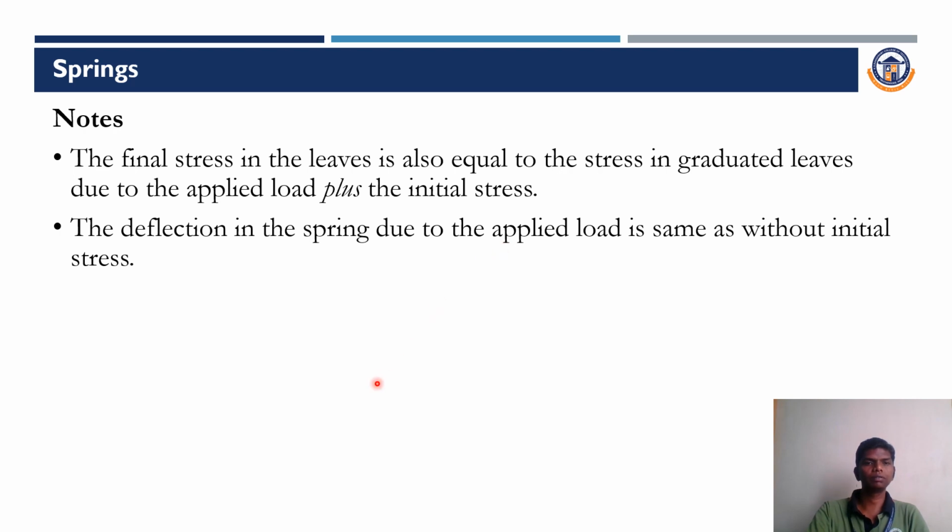We must note these two points while designing. The first point is that the final stress in the full length leaf is also equal to the stress in the graduated leaves due to the applied load plus the initial stress. The deflection in the spring due to the applied load is the same as without initial stress.